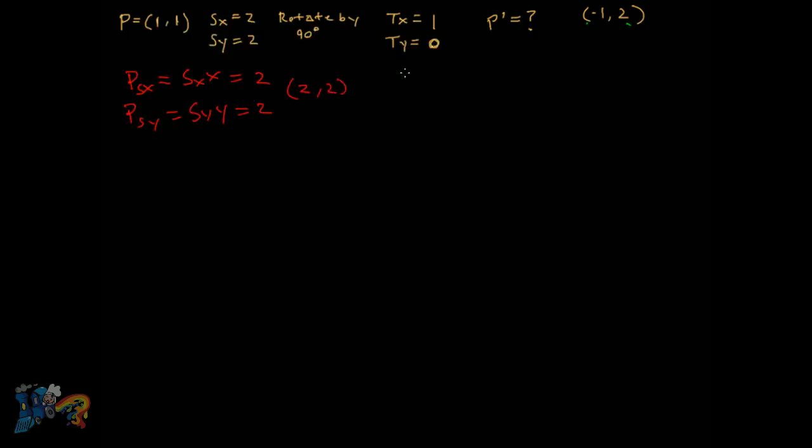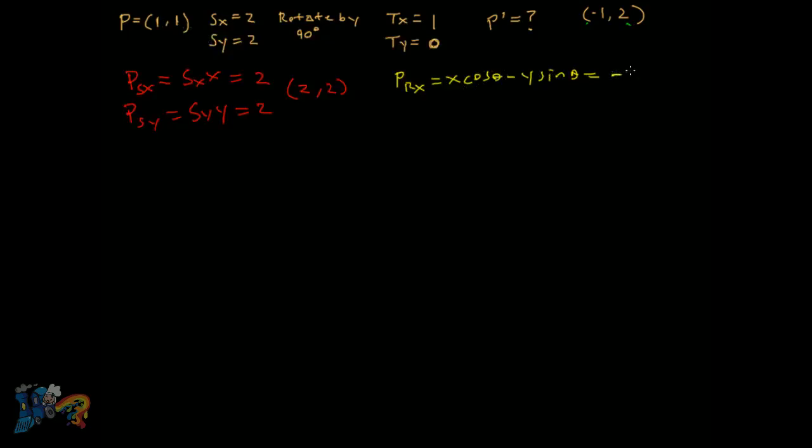Okay. Our point after rotating on the x here is x cosine theta minus y sine theta, which is equal to x, which is 1, multiplied by the cosine of 90, which is 0, so this term goes away.